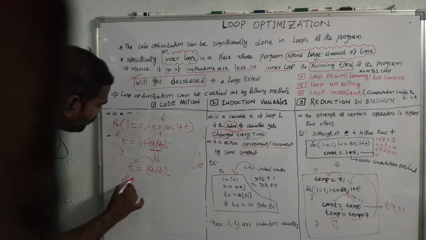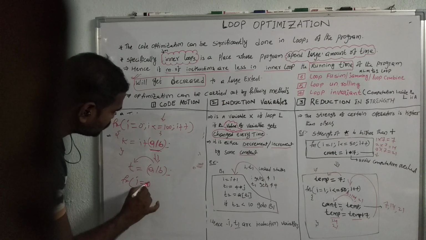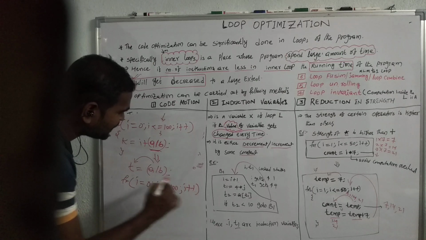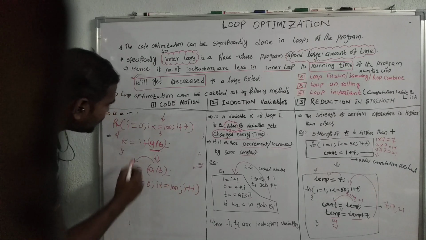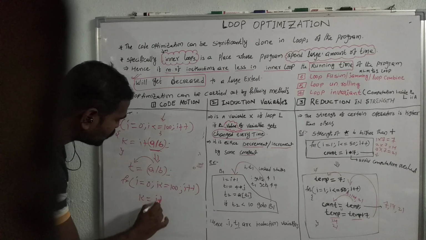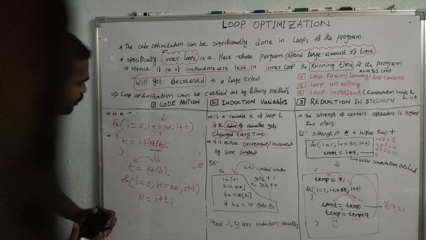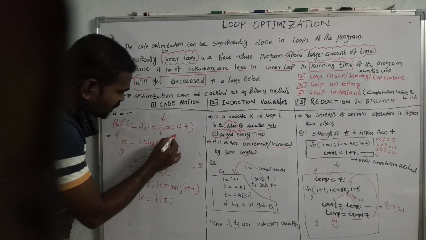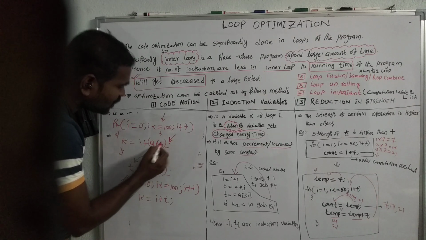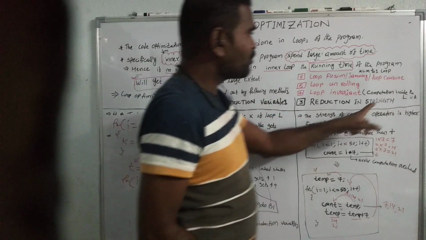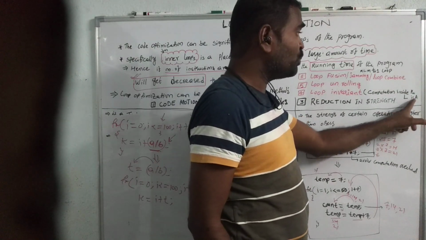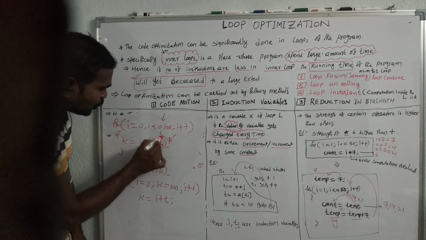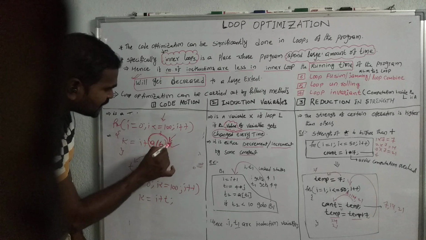Then apply the loop: for I equals 0, I less than or equal to 100, I plus plus, here k is equal to I plus t. In this case, the unnecessary evaluations, 100 times, are avoided. That is, the computation inside the loop is avoided.